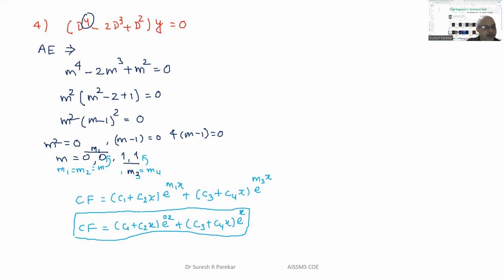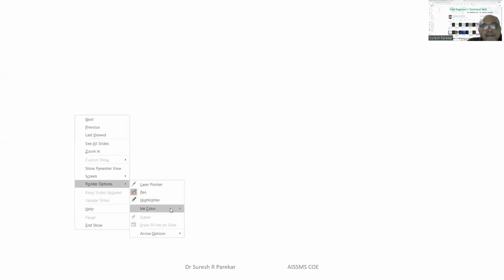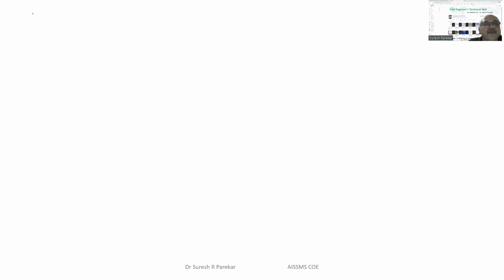Now we will see the problems related to the third type, where we have imaginary roots. So we will take one problem, that is the fifth problem: 4D square minus 8D plus 7y equal to 0.